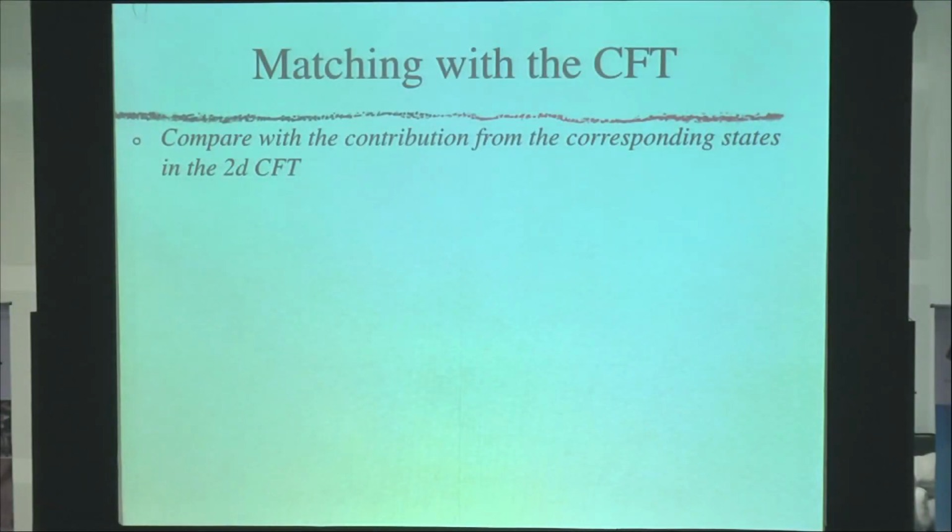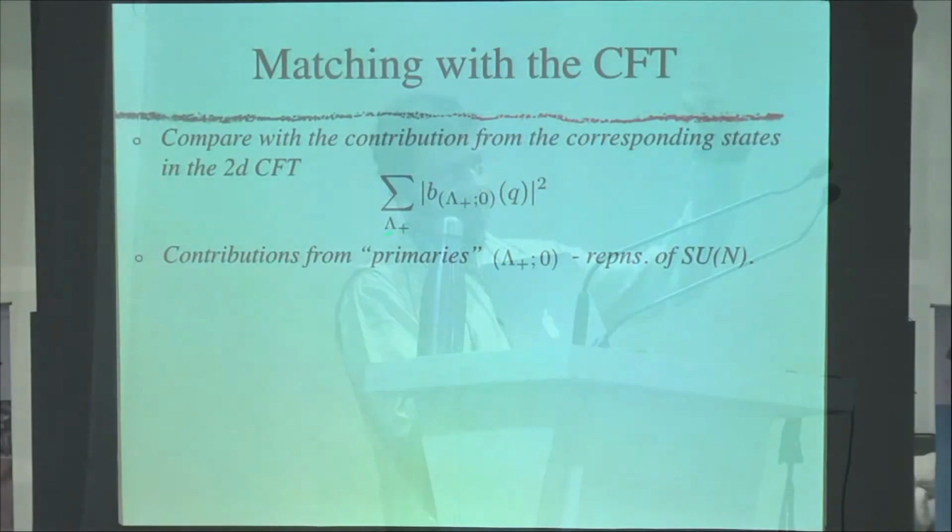And you can try to compare this contribution to the corresponding states in the two-dimensional CFT, which you can also write down in a fairly explicit way, actually for the general case, without taking the large n limit or anything. You can write down the general form for the contribution to the partition function from a set of so-called primaries labeled by a representation of SU(N).